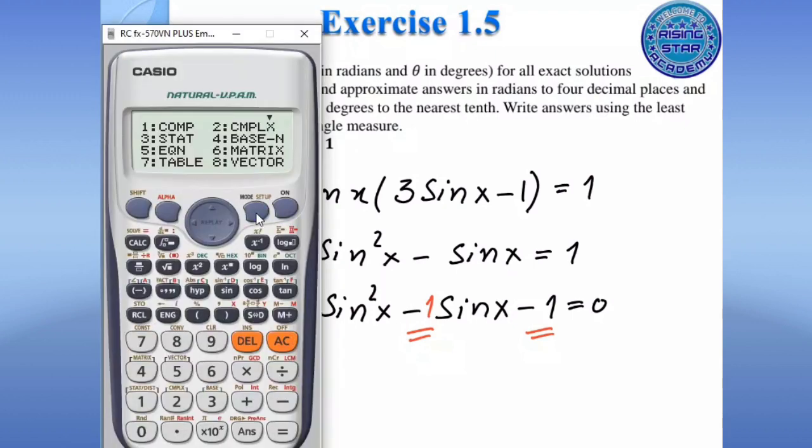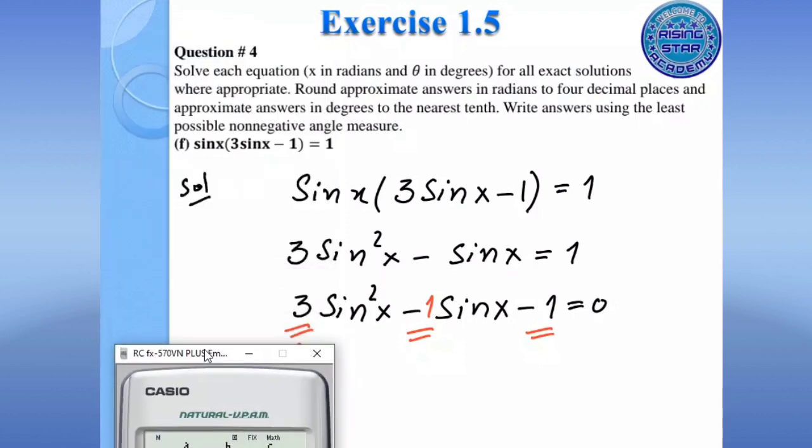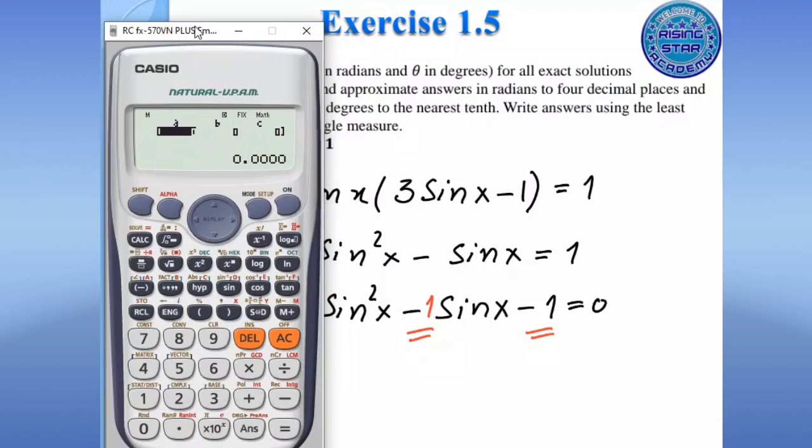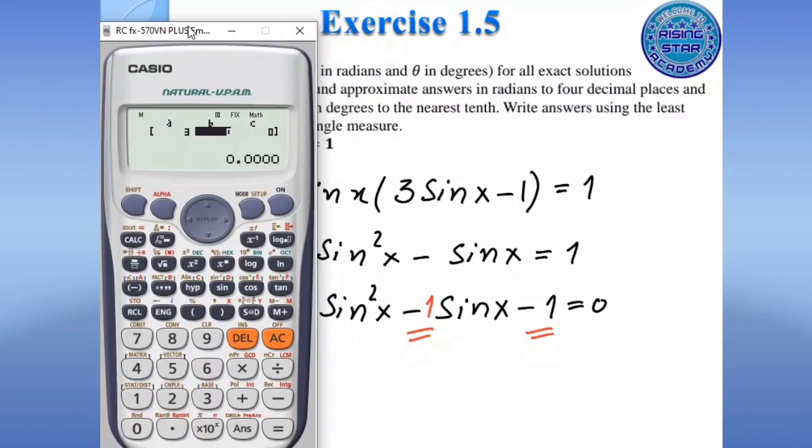So now we will press the mode button, then 5, then 3. So here you can see the value is 3 for a. So the first value would be 3, the second would be -1, and the third would be also -1.